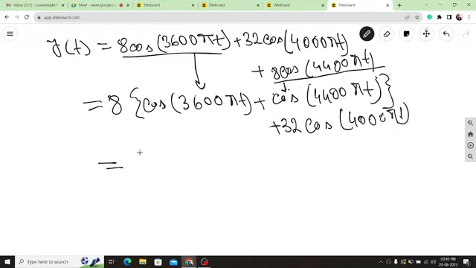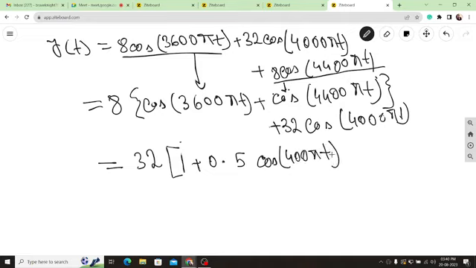From this we can write, you can just use the formula of cos A plus cos B, and it will become a function like 0.5 cos 400 pi t into cos 4000 pi t.